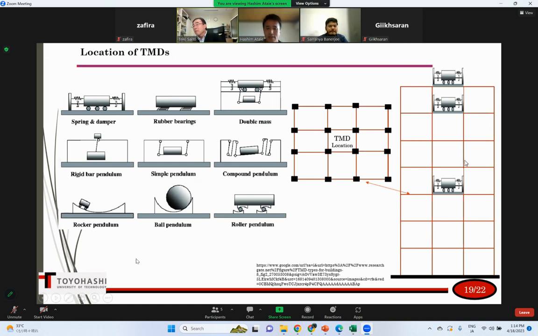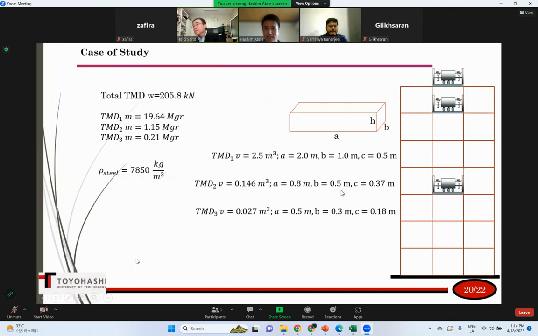So if we consider the TMD location here, if we use this kind of TMD, then it will be very small. For example, if we use the multiplication of participation factor and effective mass ratio, the first TMD, which is on the top floor, has a little larger mass.